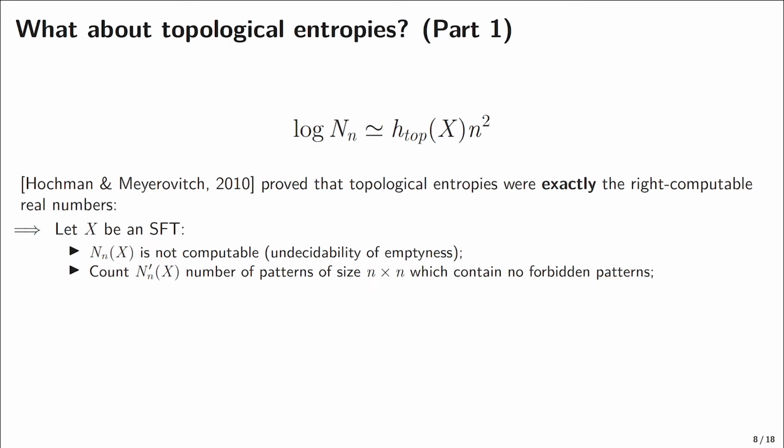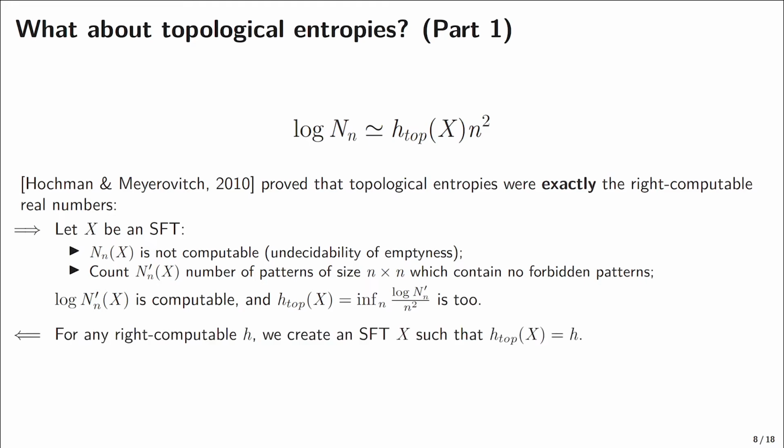So in the second point you may count more patterns than you should. However, for some topological reasons, the second thing you count catches up with the first one at infinity, and the limit, the infimum of this quantity, converges towards the topological entropy. So all in all, the topological entropy can be written as the infimum of a computable sequence, and as such, it is a right computable real number.